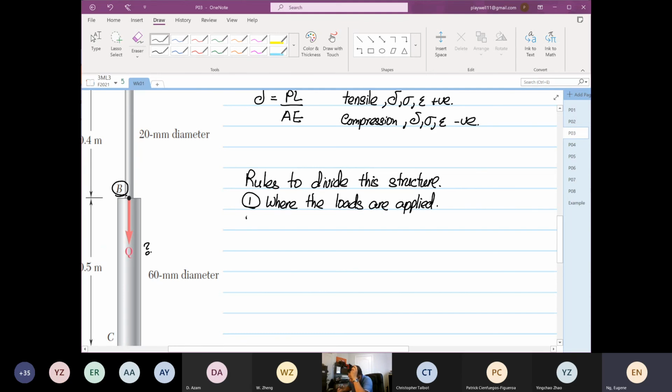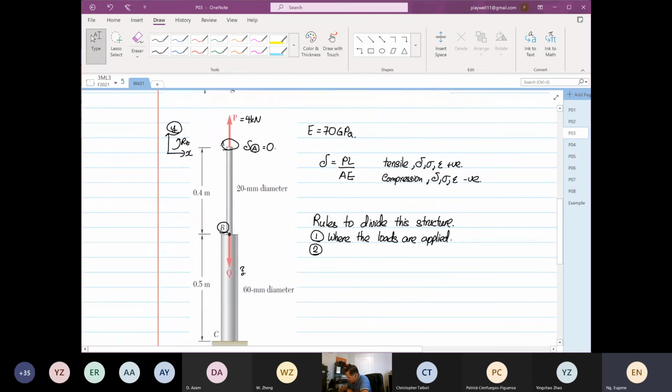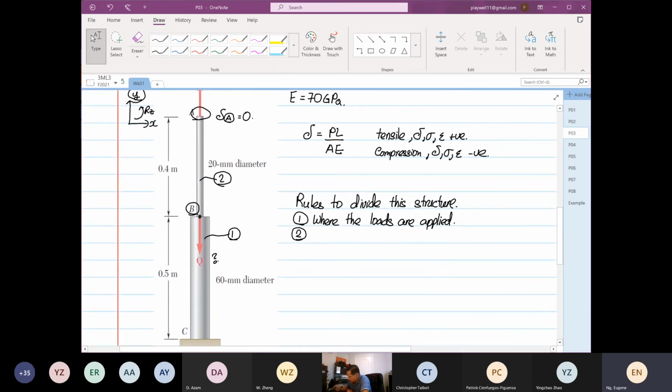The second rule, okay, now where the loads are applied. So we know that the load is applied at point B and point A, right? So when that's the case, going based on the load, I'm going to call this section 1, and this is section 2. Okay. This is based on load.